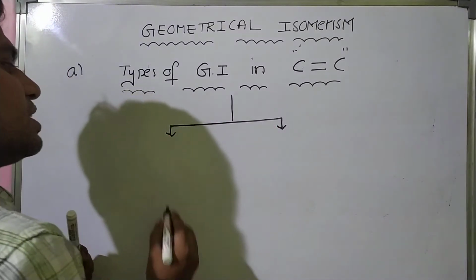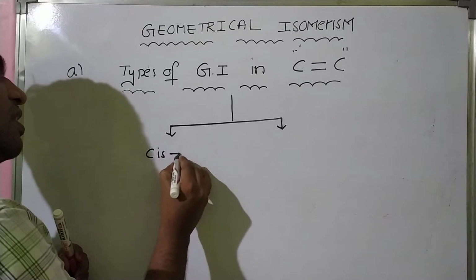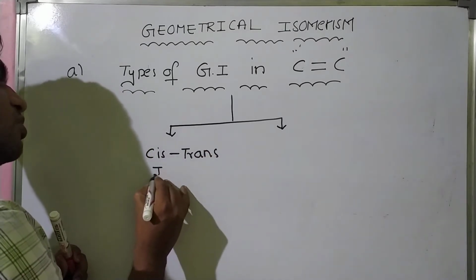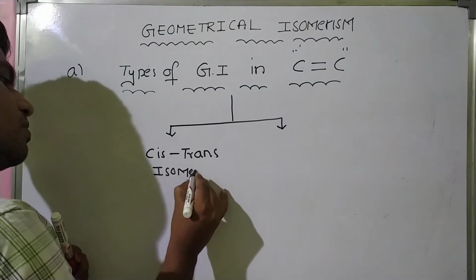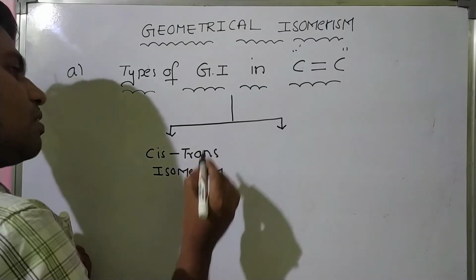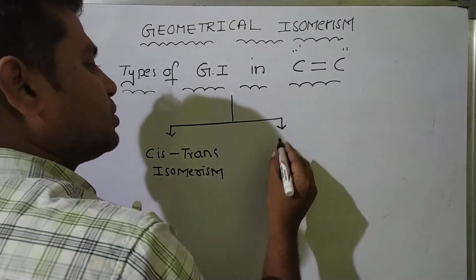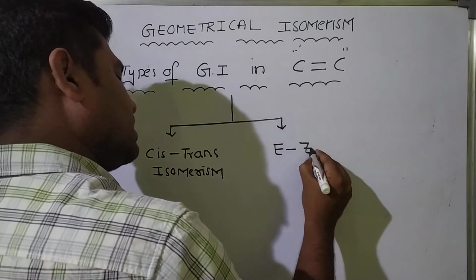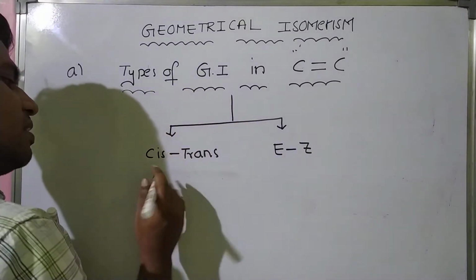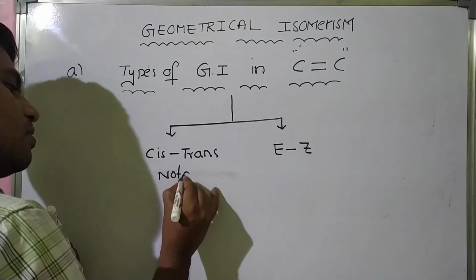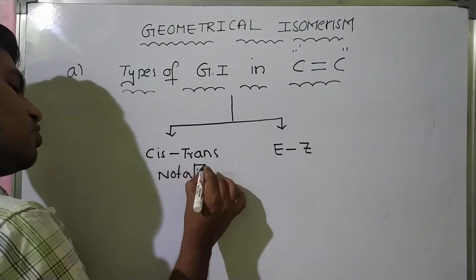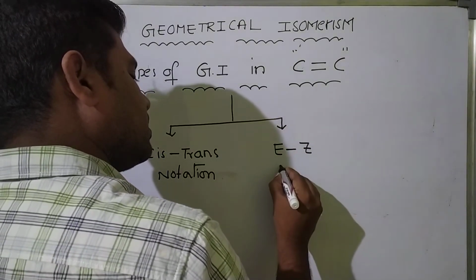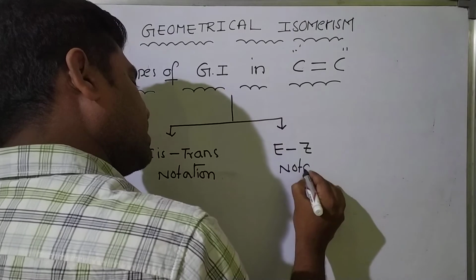The first one is cis-trans isomerism. And the second one is EZ notation.